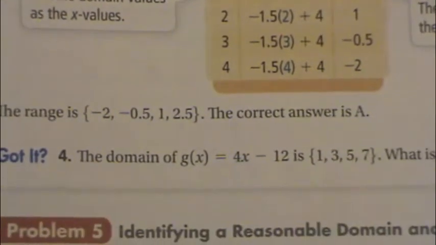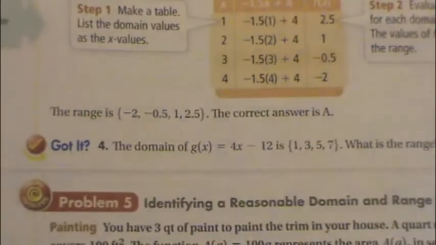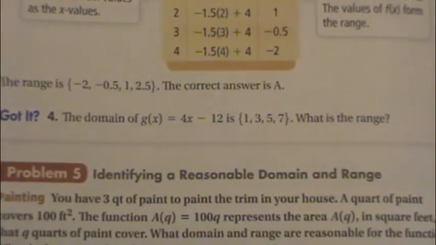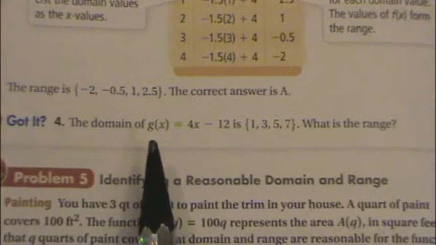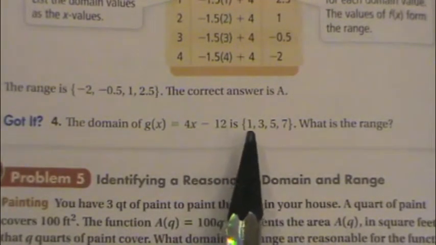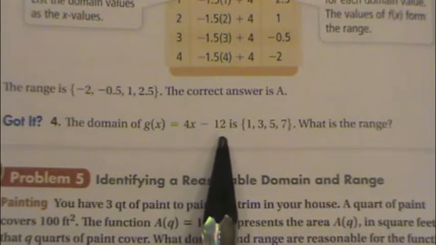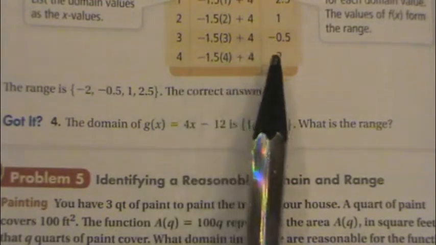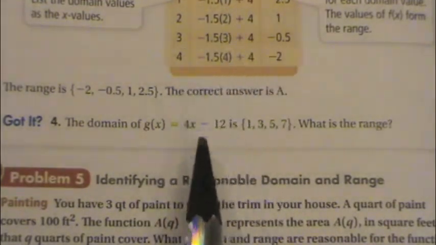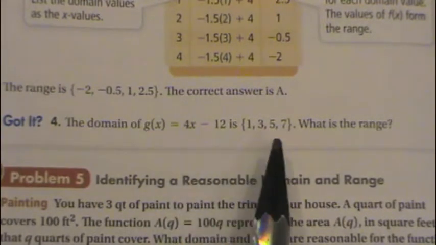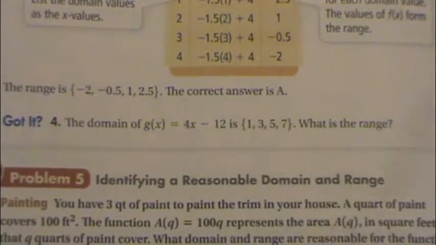And for number 4, they want you to try your own. They've given you the domain of g of x. Those are the points you need to put in. Here is the function. You need to create a table that looks just like this one, only with this function and those numbers, and figure out the range.